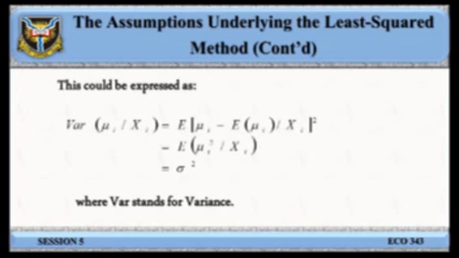Where VAR stands for variance. 5. There is no autocorrelation between the disturbances. Given any two xi and xj, i not equal to j, the correlation between any two ui and uj, i not equal to j, is 0.